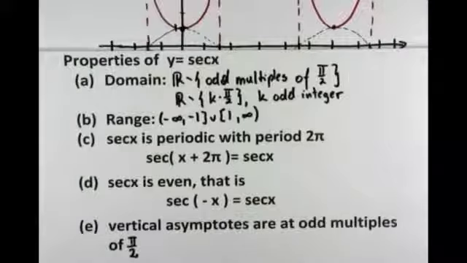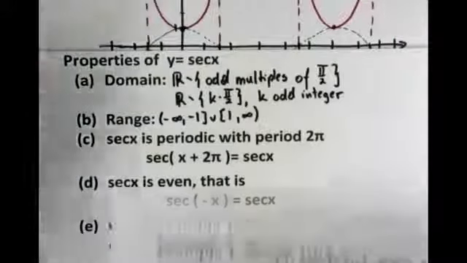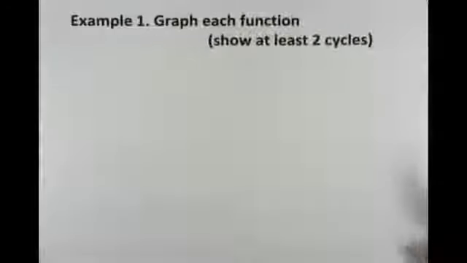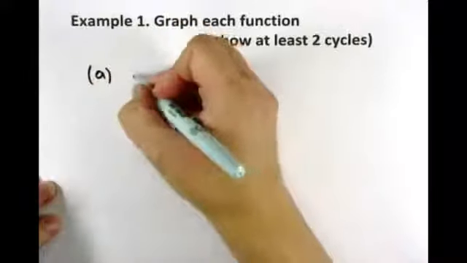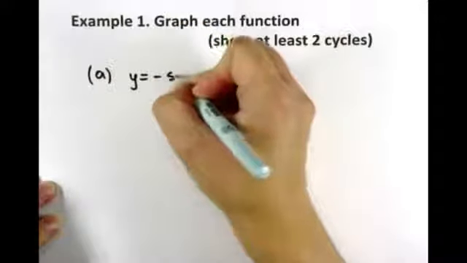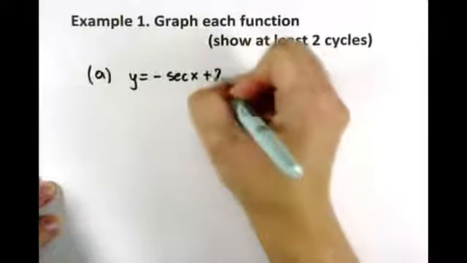So now we have an example. Graph each function, show at least 2 cycles. And we have y is equal to minus secant x plus 2.